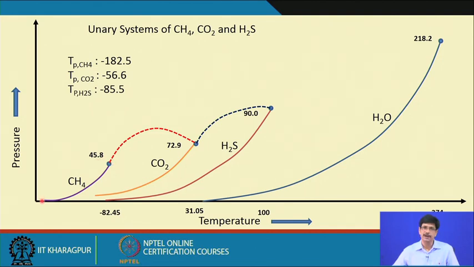Methane is minus 182 degrees Celsius, the triple point, and this is the critical point of methane corresponding to minus 82.45 degrees Celsius temperature and 45.8 bars pressure. And this one, as we discussed just now, is the methane carbon dioxide critical curve. Carbon dioxide critical point is at 72.9 bars and 31.05 degrees Celsius.